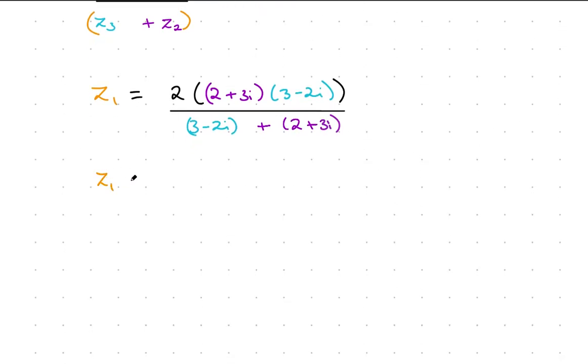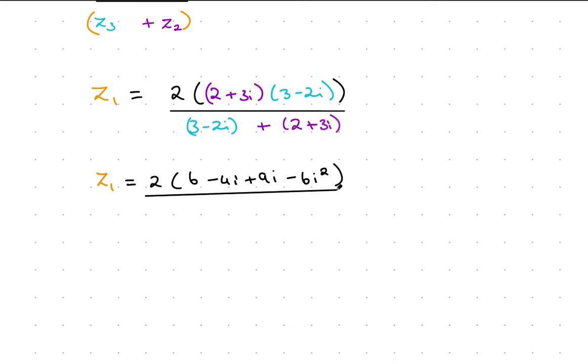So we've Z1 then is going to be equal to 2 multiplied by, now if I multiply that out, I'm going to get 6, I'm going to get minus 4i, I'm going to get 9i, and I'm going to get minus 6i squared.